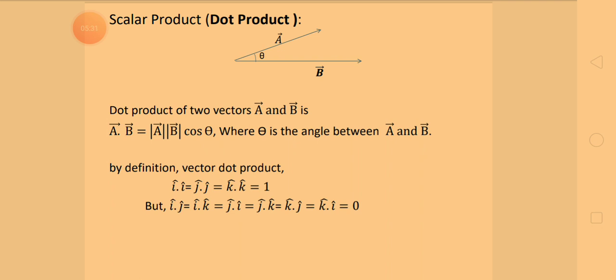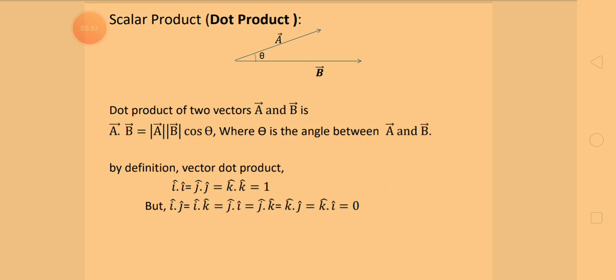Now when we take the dot product of unit vectors with themselves, i cap dot i cap is equal to 1. Also j dot j is equal to 1 and k dot k is equal to 1, all of them having caps because they are unit vectors.